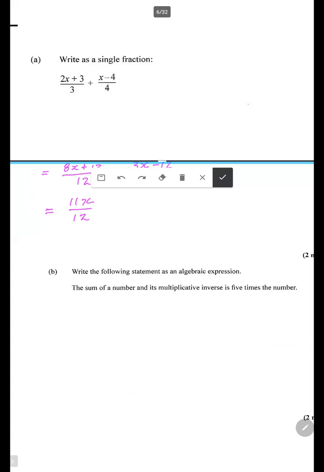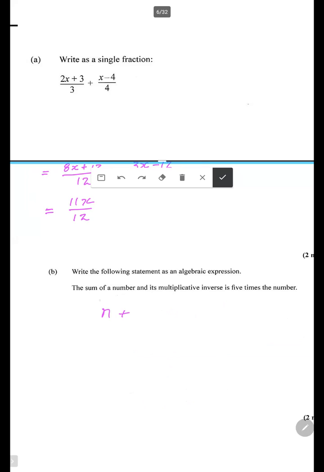So let's call the number n. Then the expression is the sum of a number and its reciprocal, that's n and 1 over n. It said the sum, so it's plus.